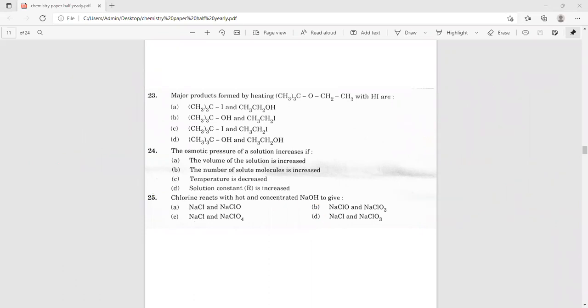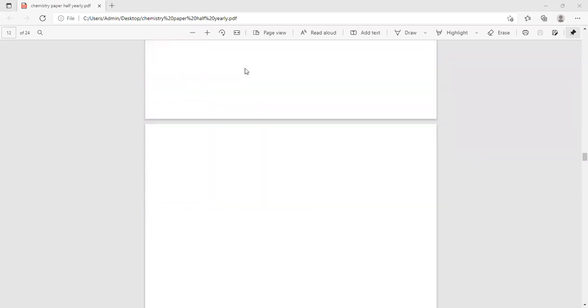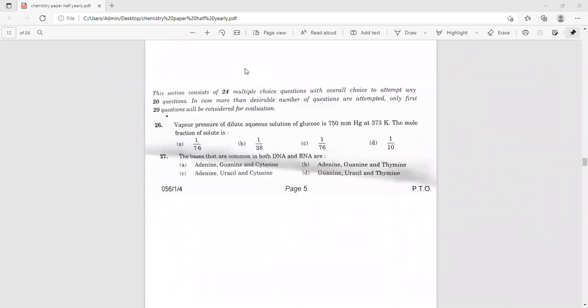And question number 26. Question number 26 is: vapor pressure of a dilute aqueous solution of glucose is this one.